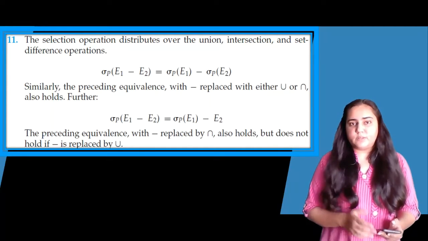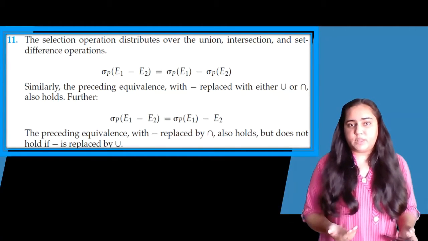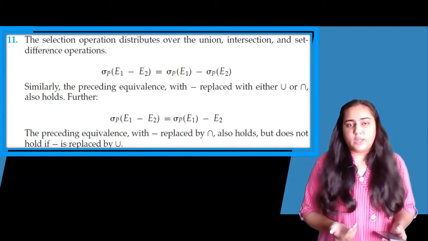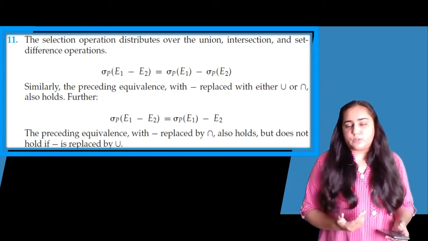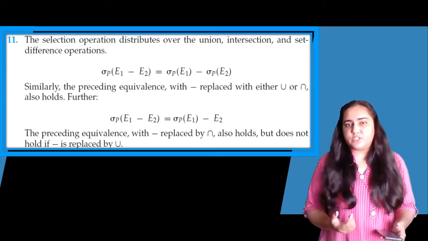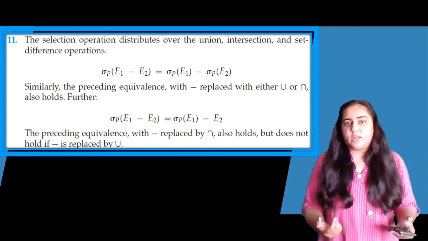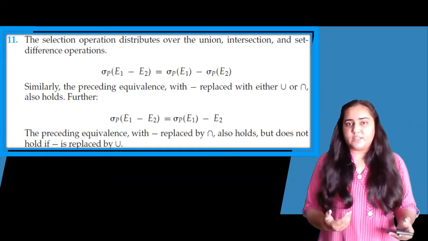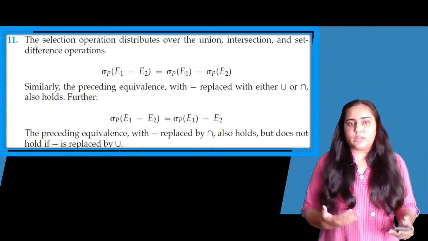And there are 2 tables, E1 and E2, and I'm doing a set difference between them. So I'm doing E1 minus E2 and then applying the select condition. Now I can distribute the select condition for each table individually by writing sigma p to E1, and then from there I can subtract sigma p to E2. So the select condition can be distributed.